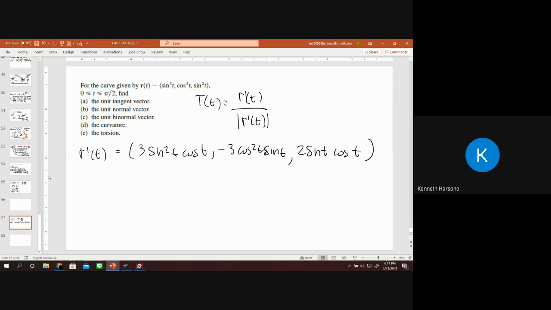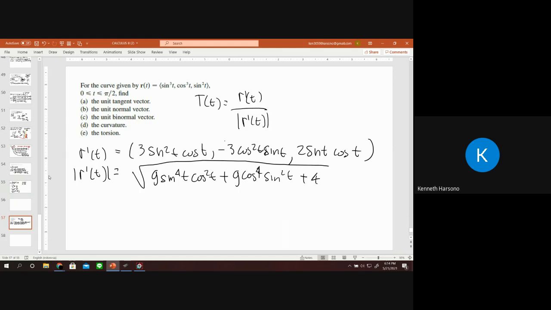And the magnitude of r prime t is the square root of 9 sin to the power of 4 t cos squared t plus 9 cos to the power of 4 t sin squared t plus 4 sin squared t cos squared t. You can just move the sin squared and cos squared out.